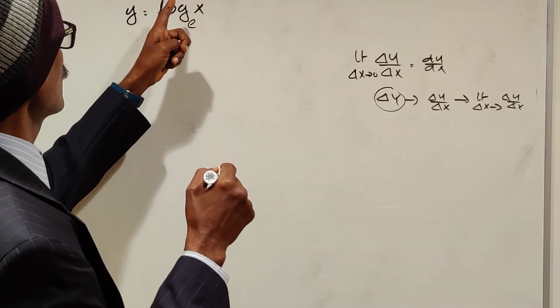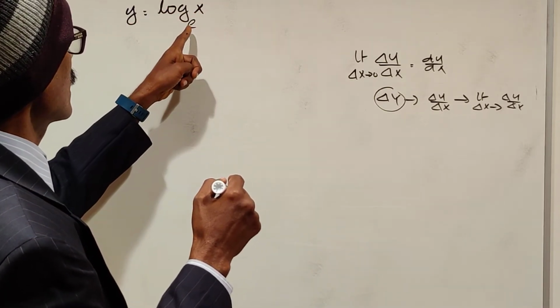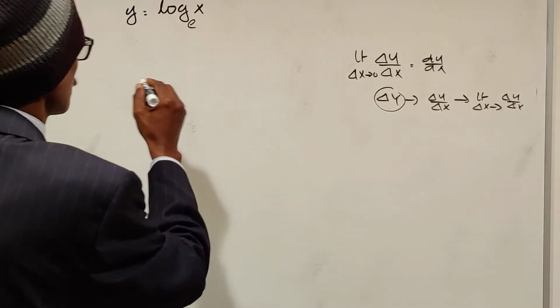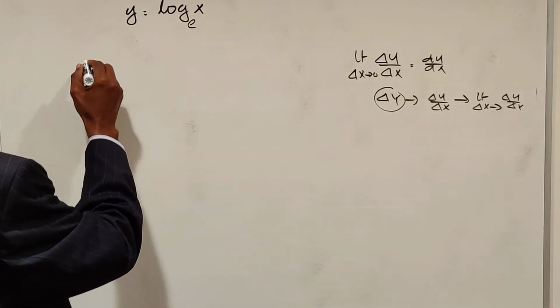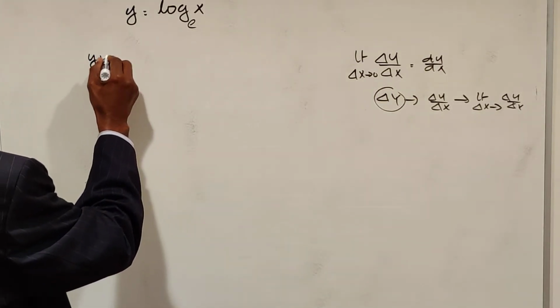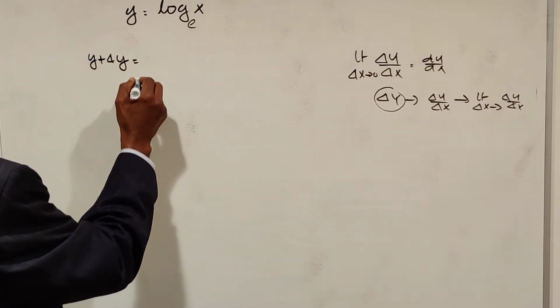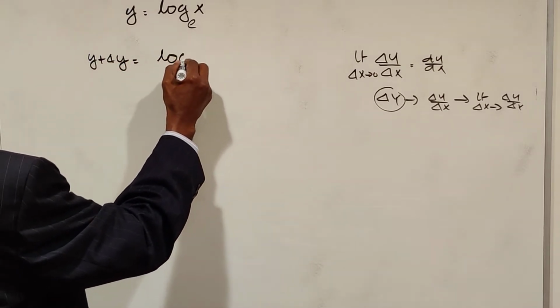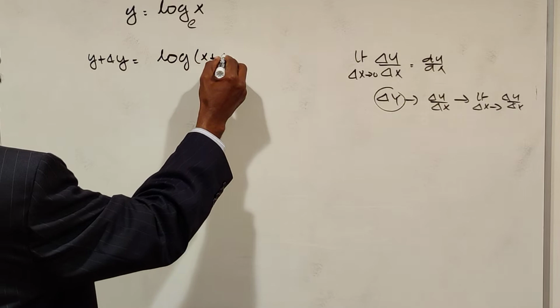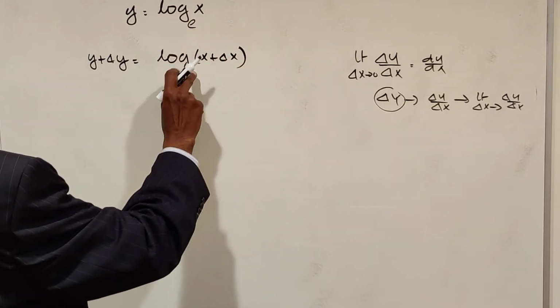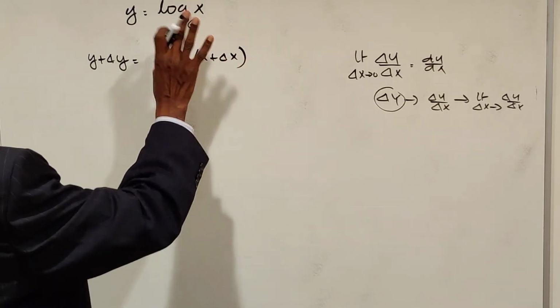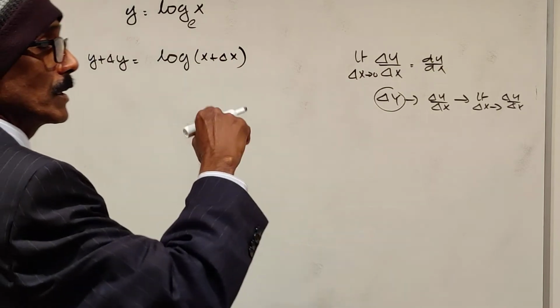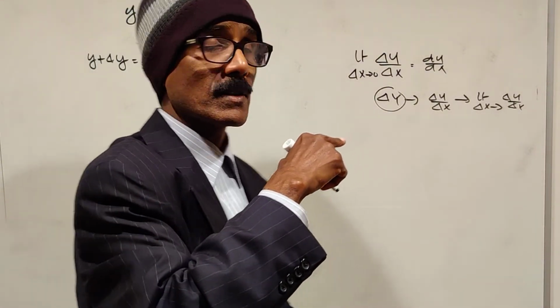See, y is equal to log x to the base e. So what is the first step? y plus delta y equals log of x plus delta x. I don't want to put e here, okay? If there is no base written, it means the base is e.